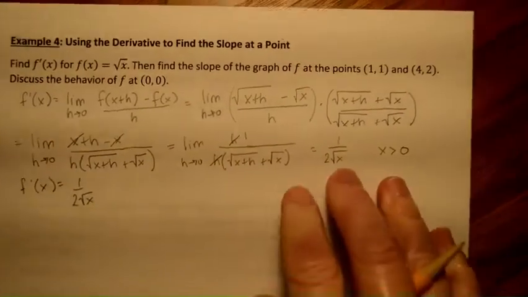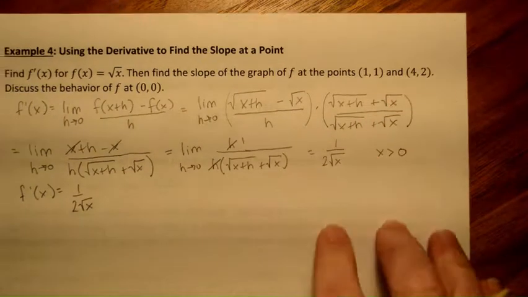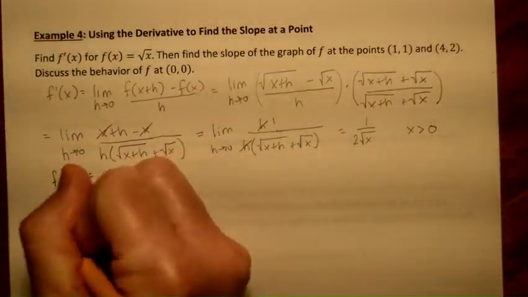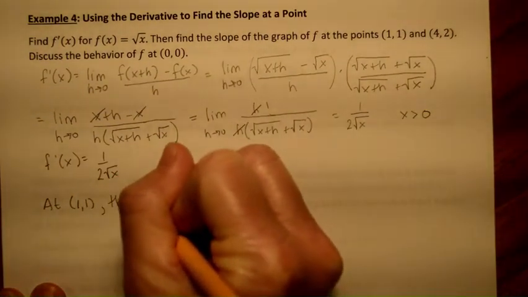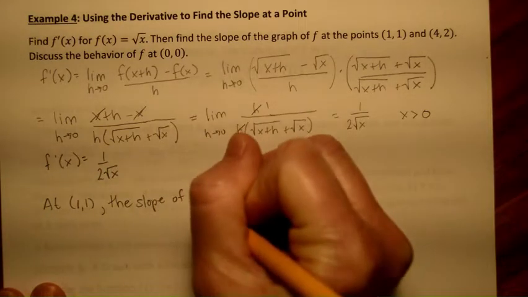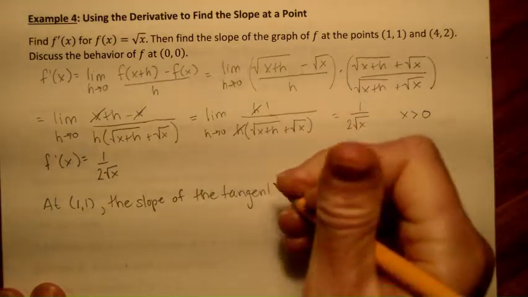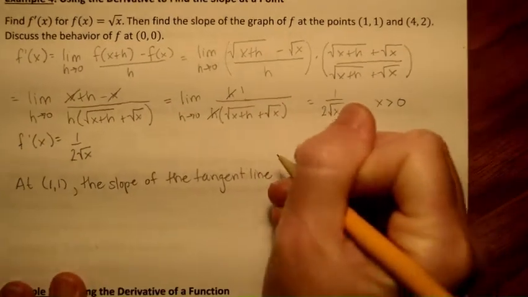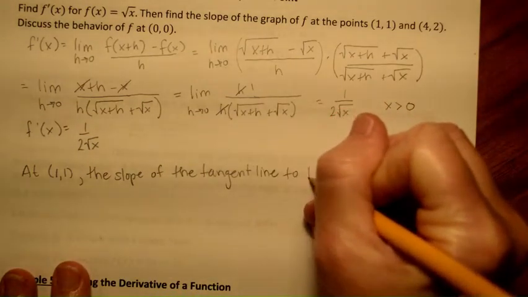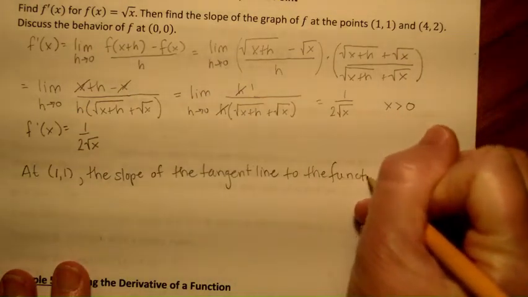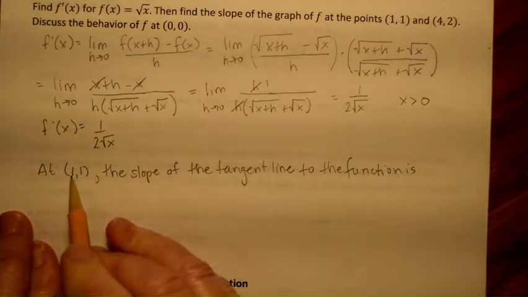All right. And then it asks us to do 2 things. Find the slope of the graph of f at the points (1, 1) and (2, 4). So let's do (1, 1). At (1, 1), the slope of the tangent line to the function is, and then we're just going to plug in 1, this one right here, because it's the x value.